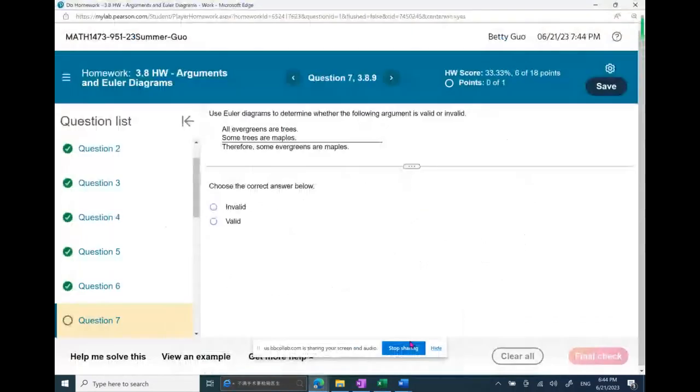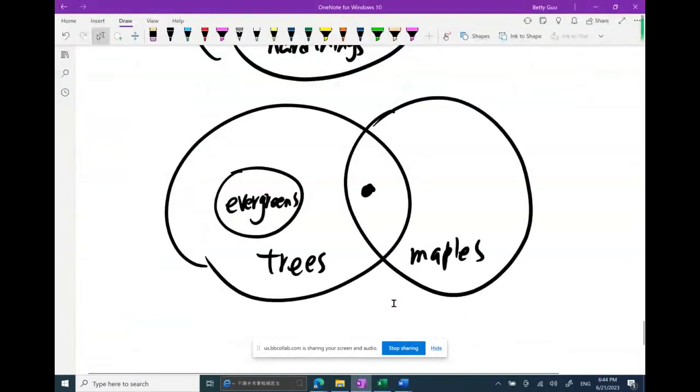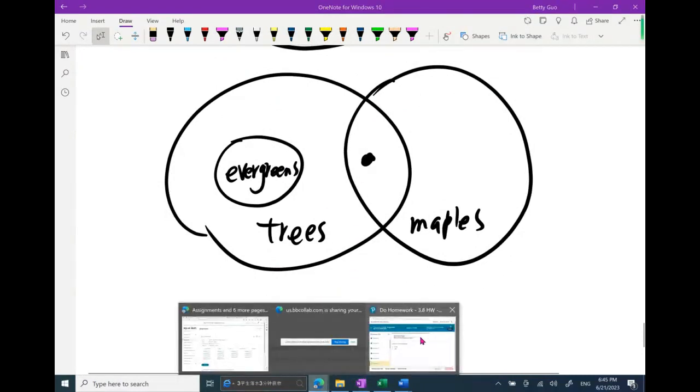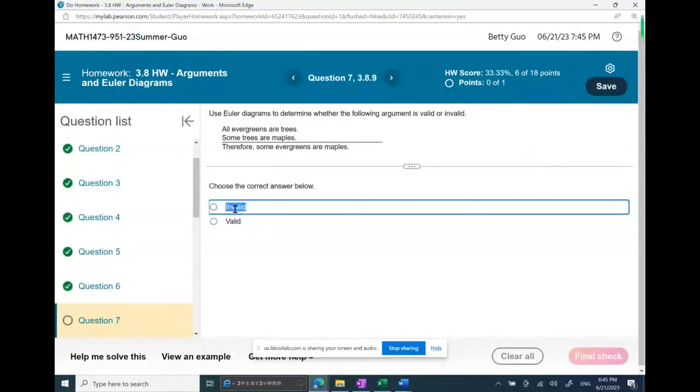Can we make the conclusion that some evergreens are maples? No. If I make this maple circle bigger this way, then some evergreens are maples. But as you can see, the graph I'm having right now is a counter example. We cannot derive that conclusion directly from the two premises. Invalid.